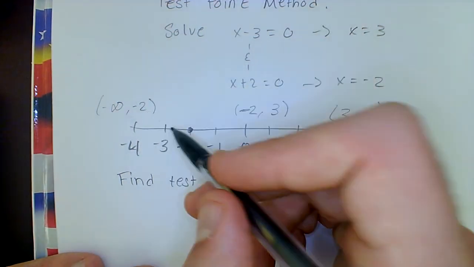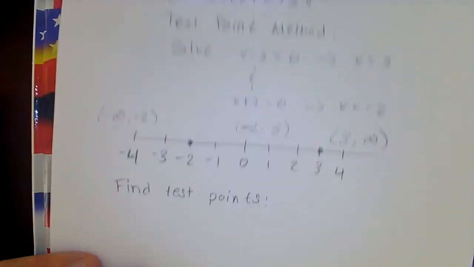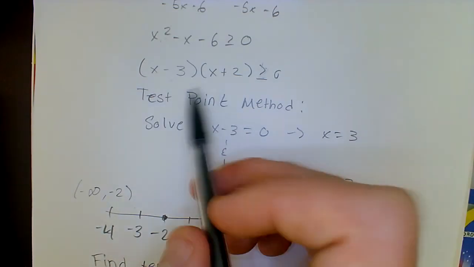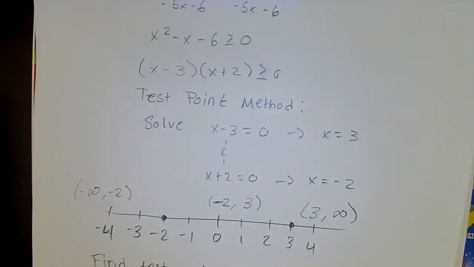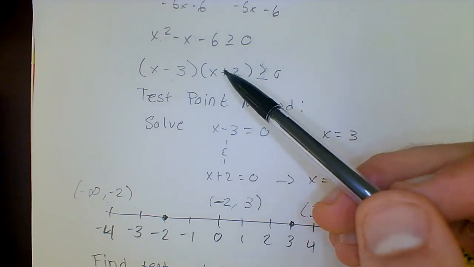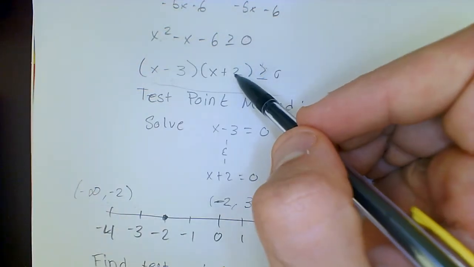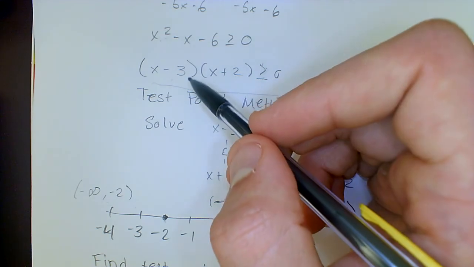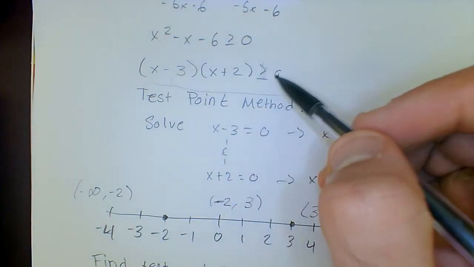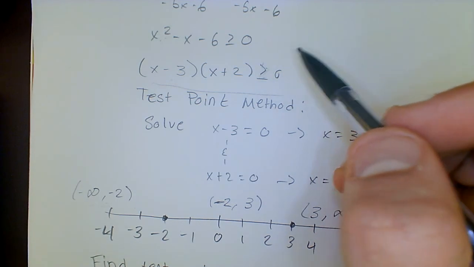Notice that we excluded -2, because if we pick -2, we just get a 0. We're trying to see what sign this multiplication gives depending on the x we choose. If this number times this number is positive, then our inequality works. But if this number times this number is negative, if we get a negative number for the test value, then that's not true. So that's what we're trying to see here.